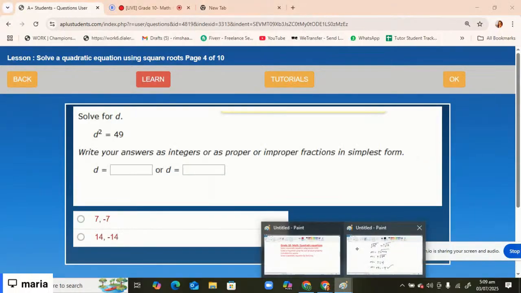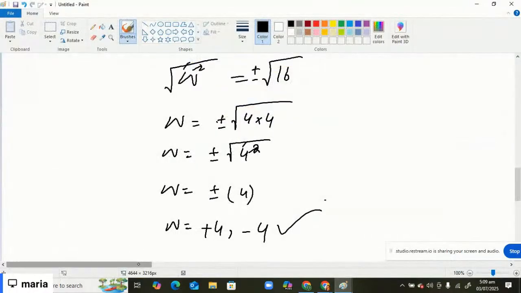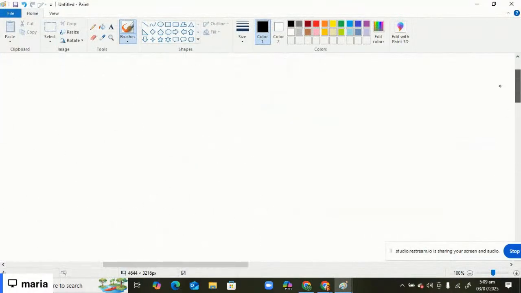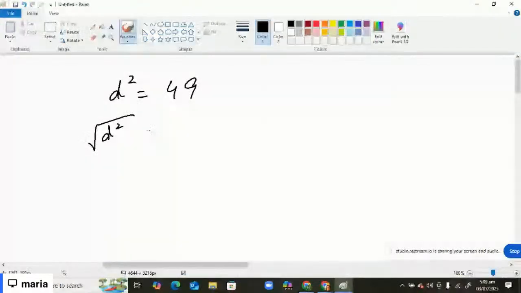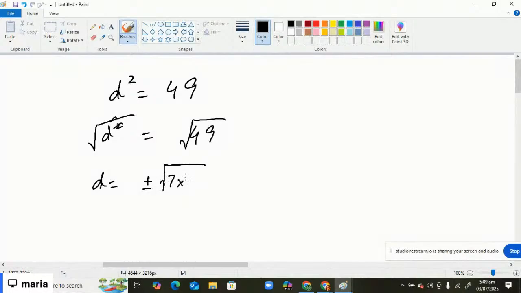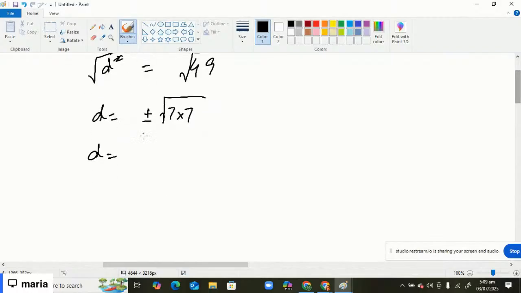D square is equal to 49. Let's do it. Now let's take the square root. This should be cancelled. 7 times 7, 7 square should be cancelled.